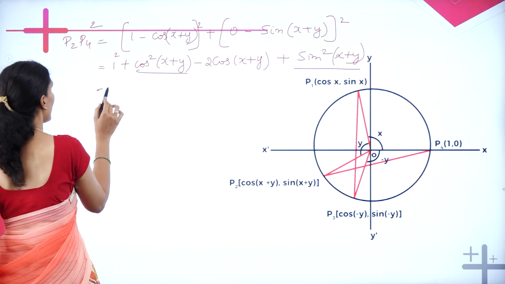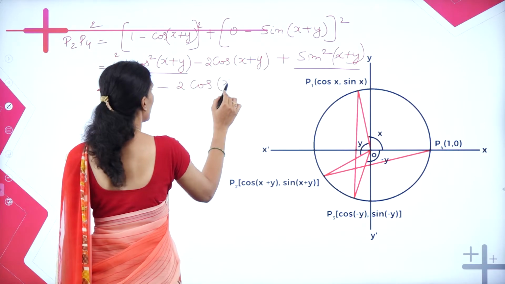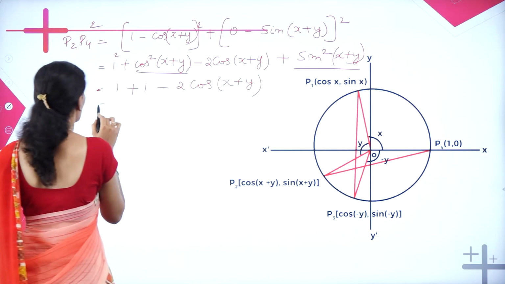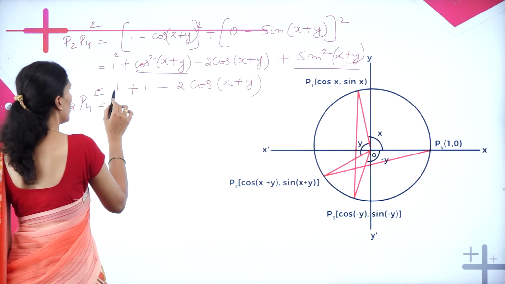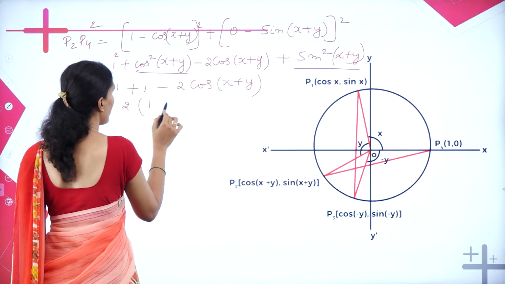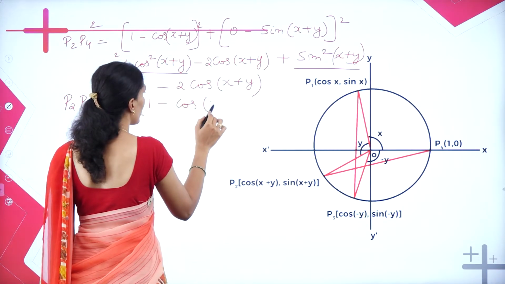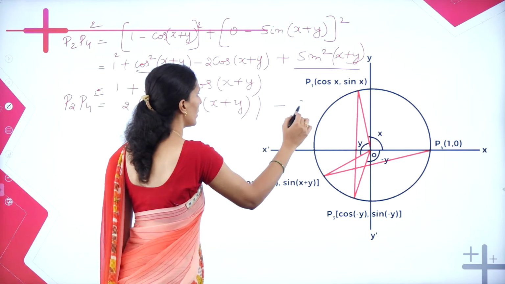So I can take it as 1 plus 1 minus 2 cos of (x plus y). So you will get 2 here. So P2P4 whole square, if you take 2 as a common factor, is 2 times (1 minus cos of (x plus y)). Now take this as equation 2.